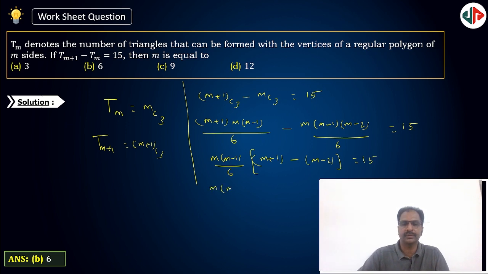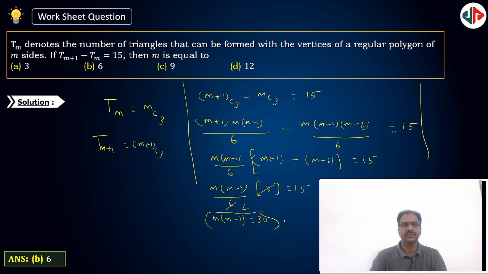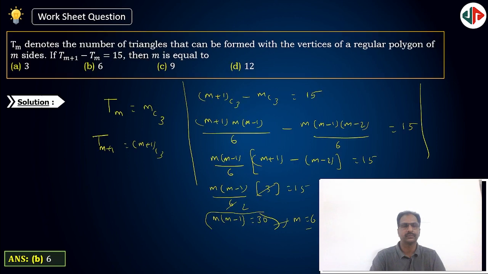So this is M into M minus 1 by 6 into 3, which is 15. So M into M minus 1 is equal to 30. Solve the quadratic equation to get M, or do by verification. What value of M satisfies M into M minus 1 equal to 30? M is equal to 6, 6 into 5 is 30. So option B.